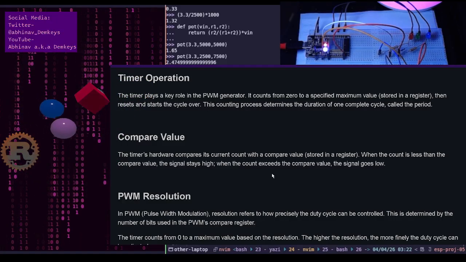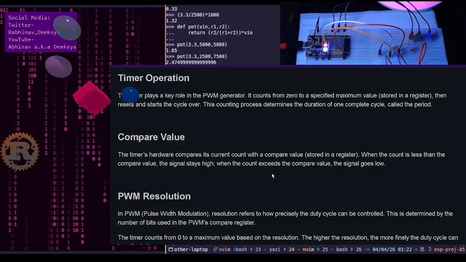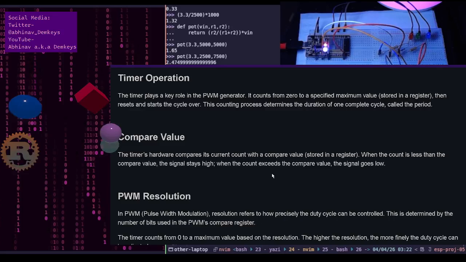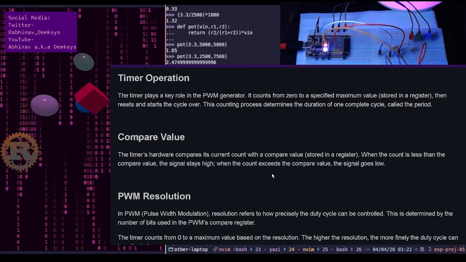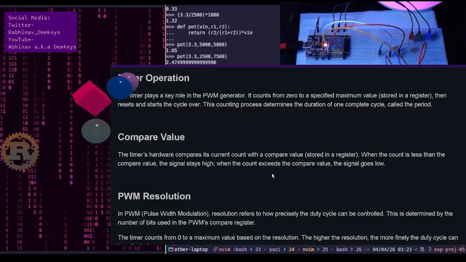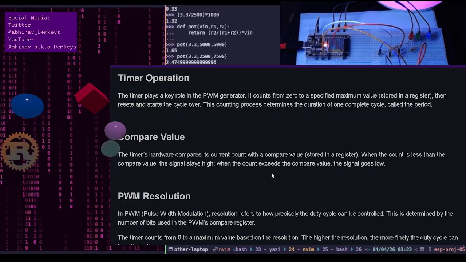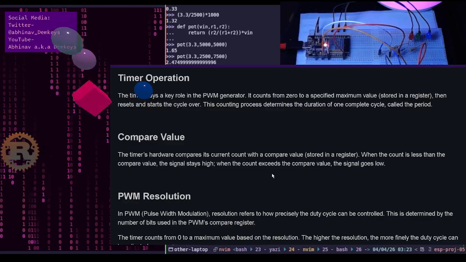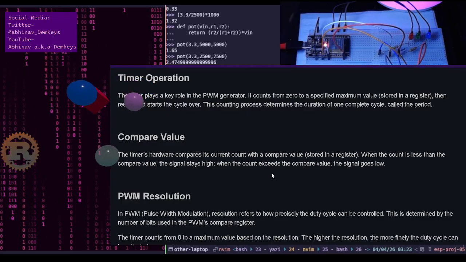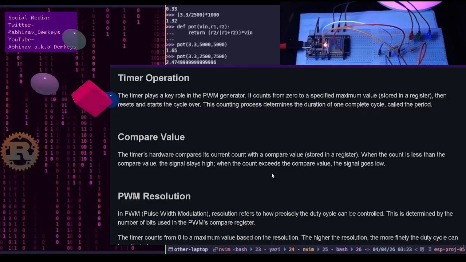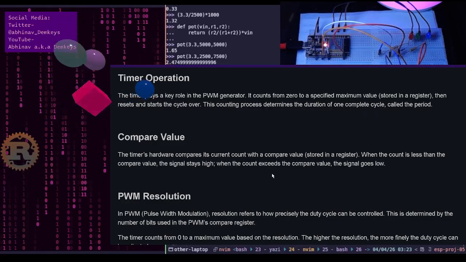But if this counting process determines the duration of one complete cycle, how does that work then? Because I was assuming that the period was in seconds and you could specify the period yourself.